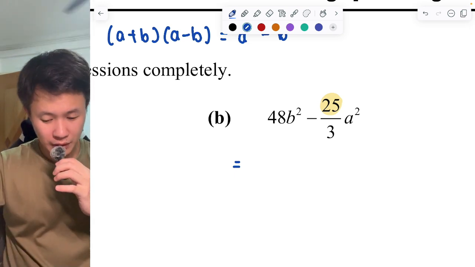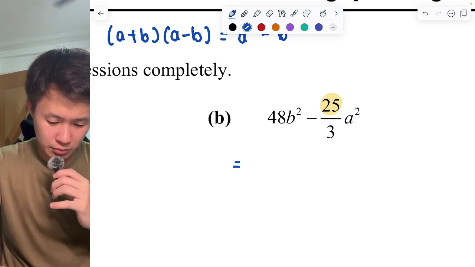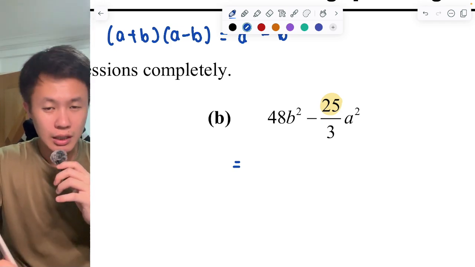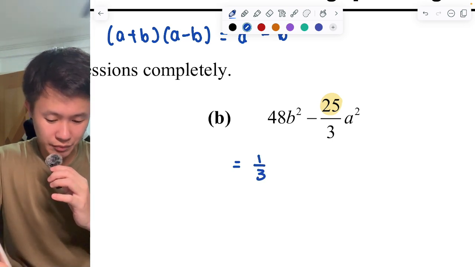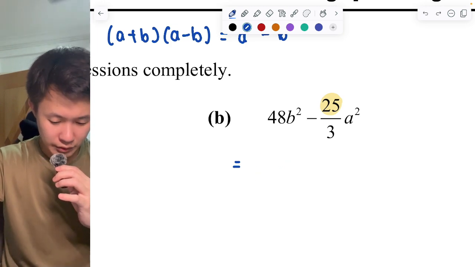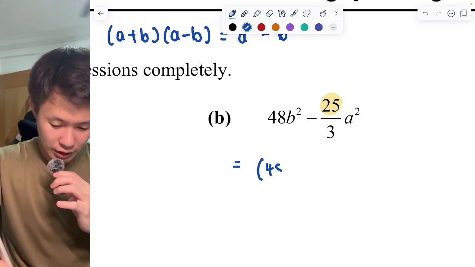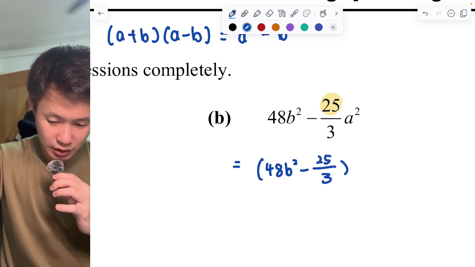numbers there. So over here, what I'm going to do is multiply the expression by 1/3 times 3. I'm not going to write that first, but I'm going to write it as 48b squared minus 25 over 3 a squared.